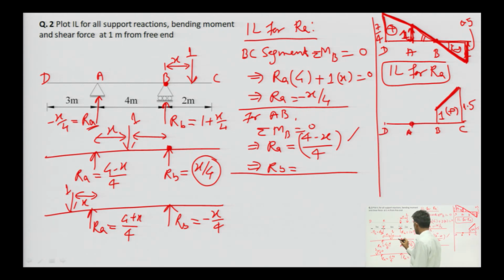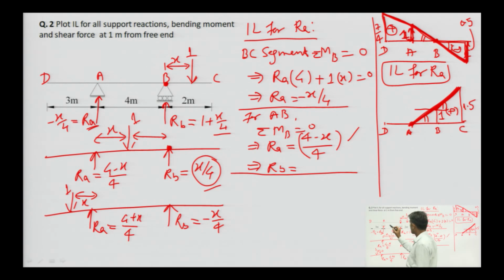When the point load is at point B, the x value is 4, so 4 by 4 means 1. Now let us compare the slope here for RB: 1 by 4, so we will get a straight line, due to the same slope.